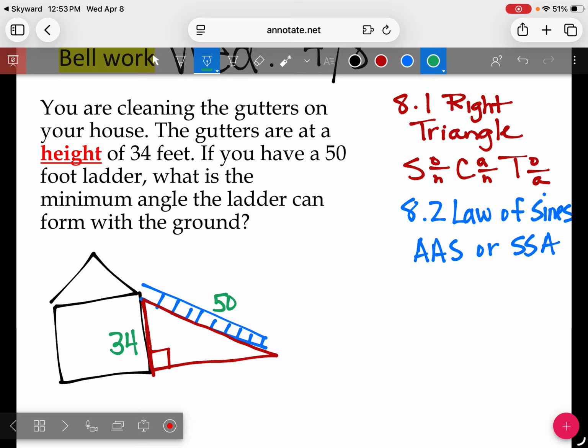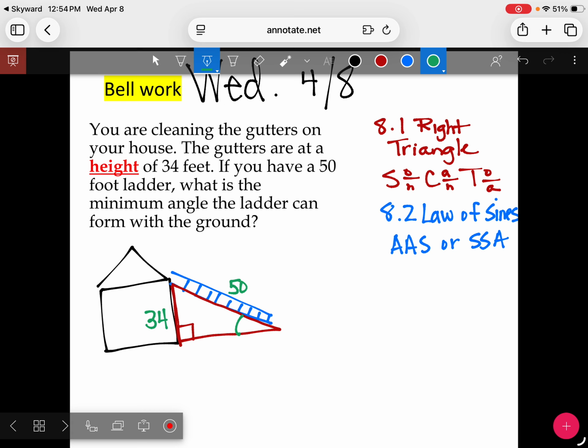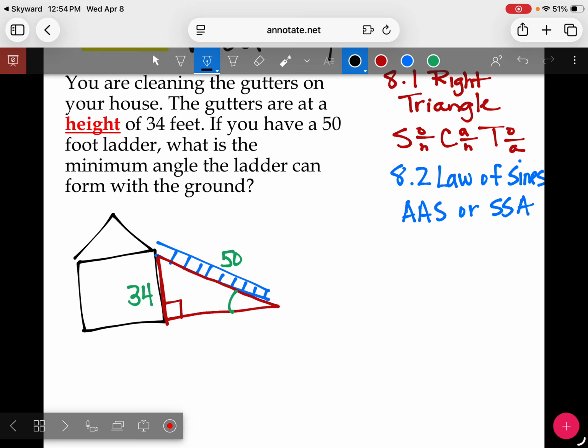Okay, so it's asking me to find the angle that the ladder can make with the ground. So is that the angle at the top, or the angle at the bottom? Which one of these angles is on the ground? The bottom angle. All right, so there are two different ways you can do this. The first one, I'm just redrawing it off to the side, is right triangle trig.